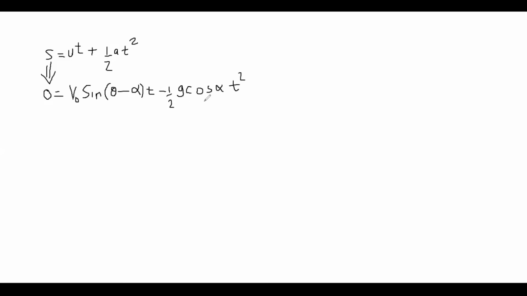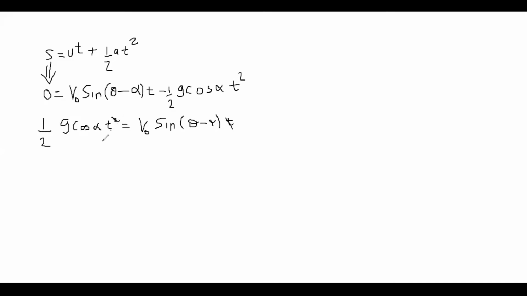Now, making t the subject, we are going to obtain a half g cos of alpha t squared is equal to V naught sine of theta minus alpha, we multiply by t. The t will cancel with this t here.